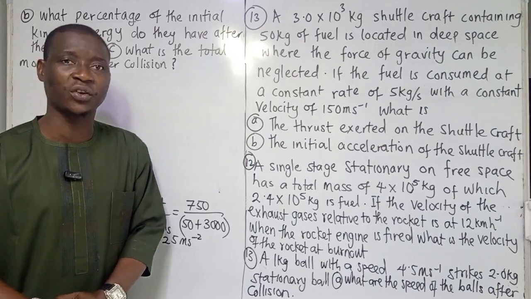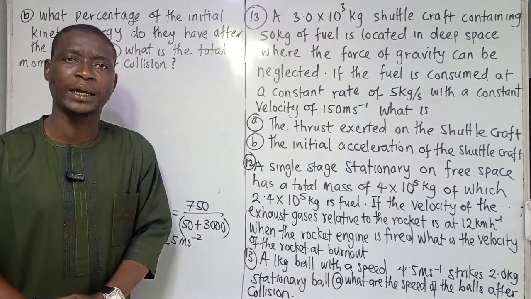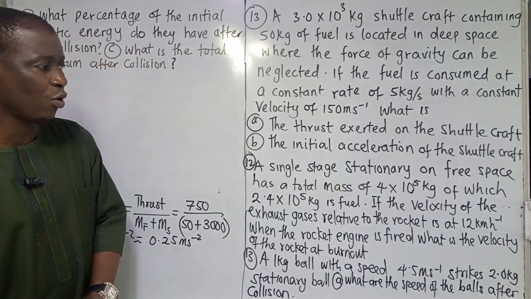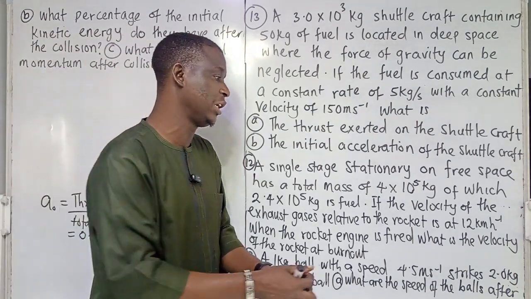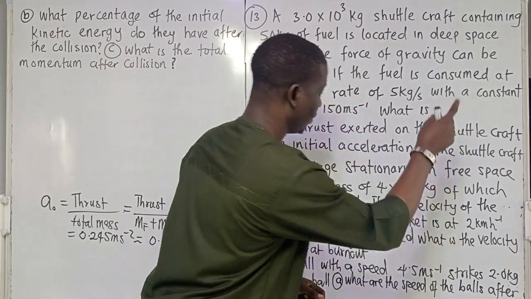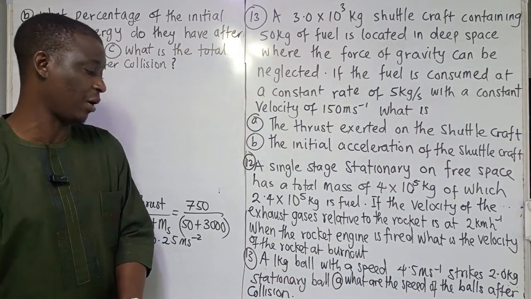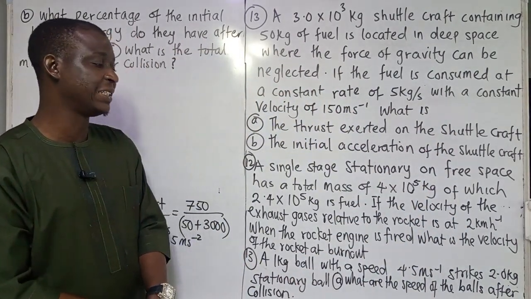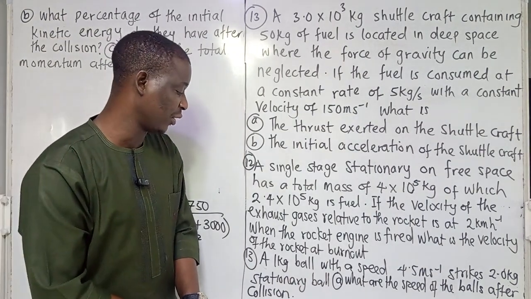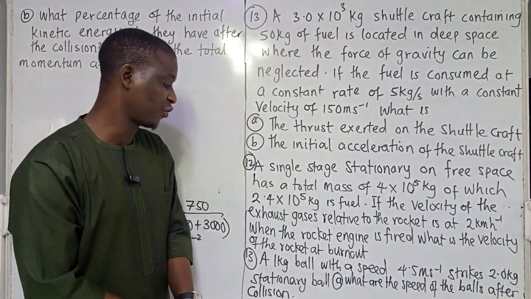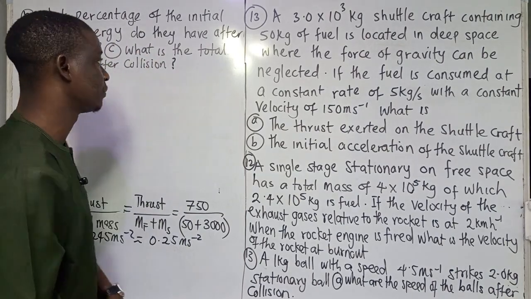If the velocity of the exhaust gas relative to the rocket is 2 kilometer per second, when the rocket engine is fired, what is the velocity of the rocket at burnout?